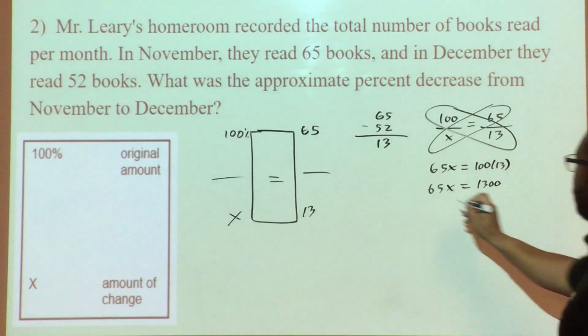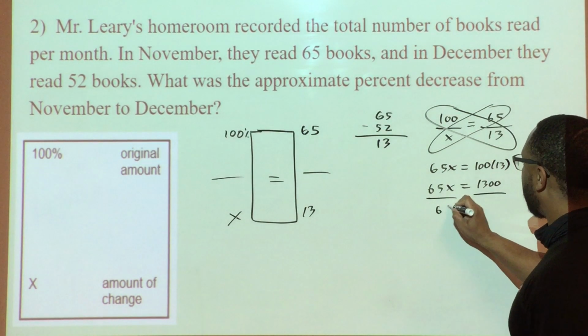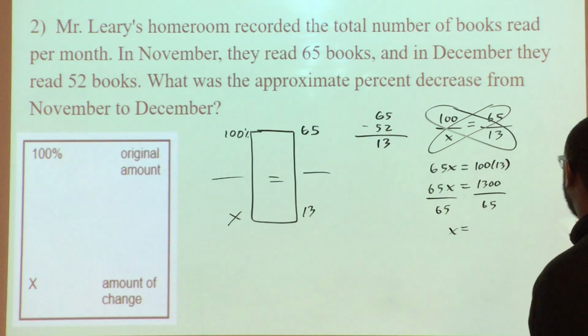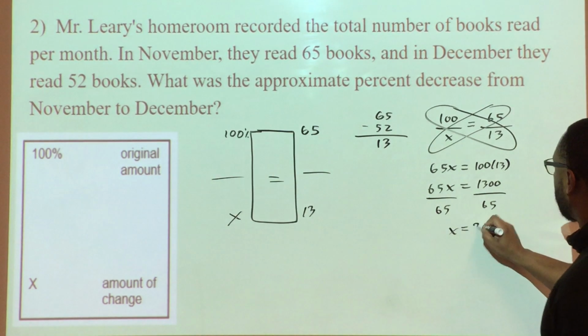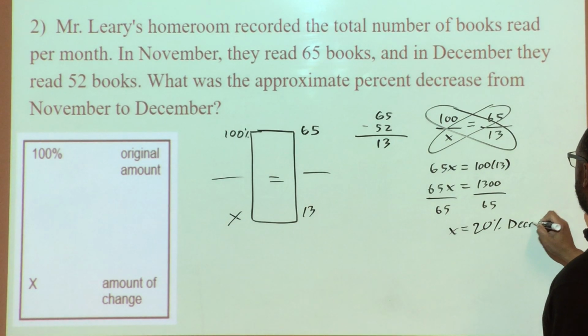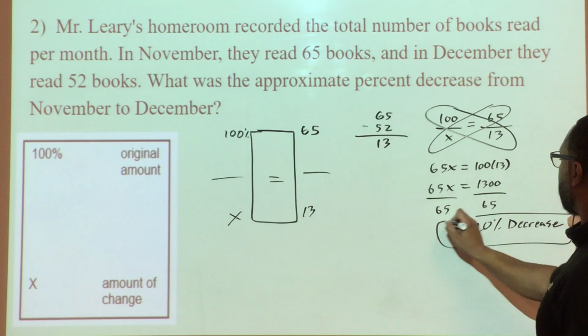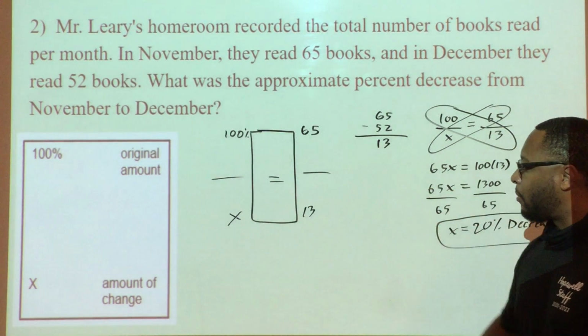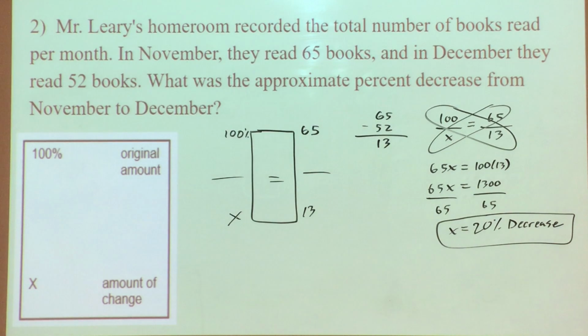I now need to divide both sides by 65, and that's gonna give me x equals 20%, and this is a decrease, a 20% decrease. This is all we're doing. If you can figure out this number and that number, you're in good shape.